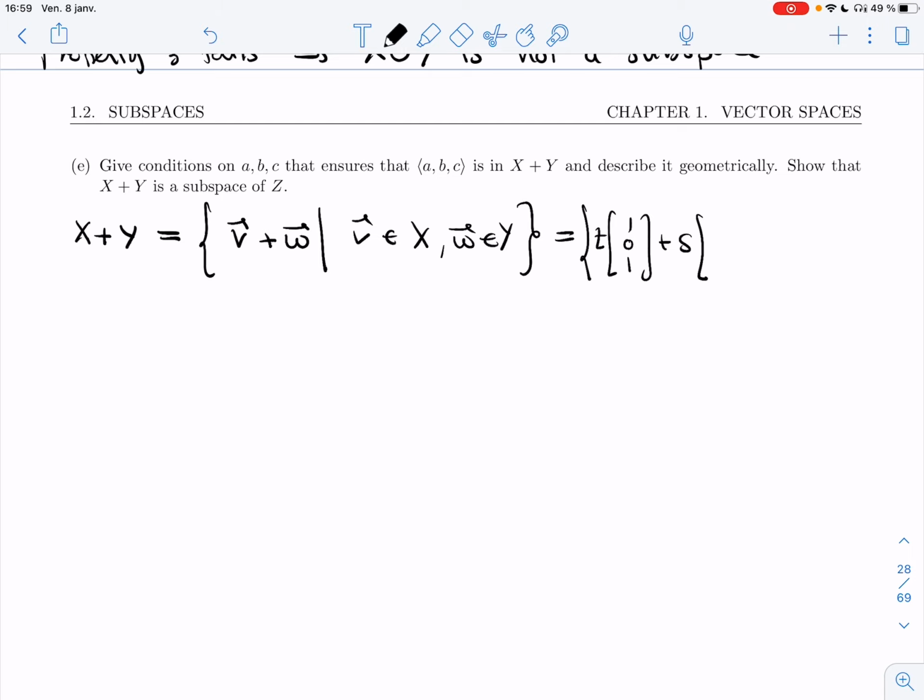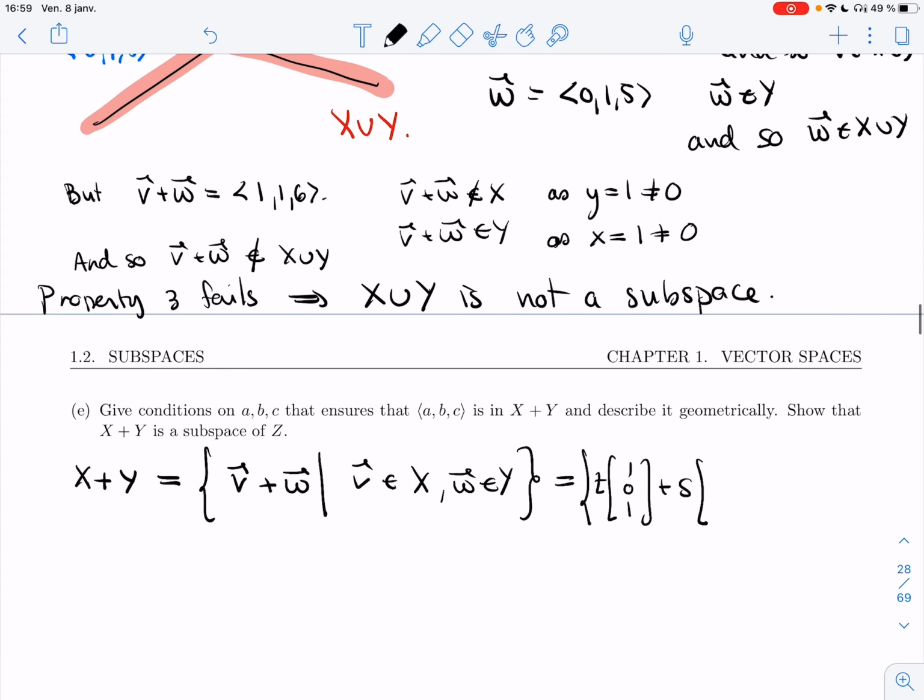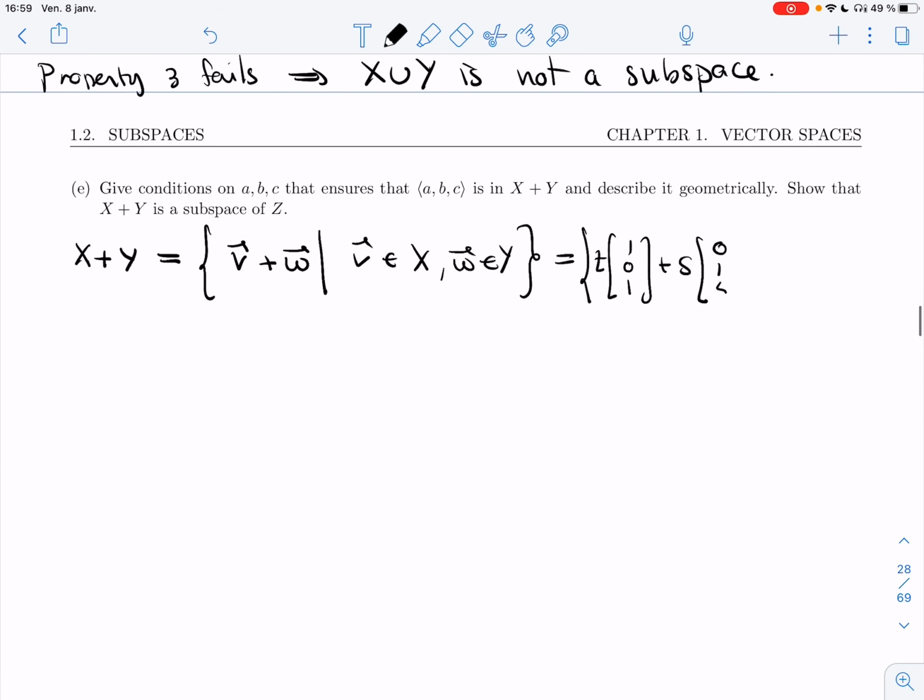Let's put s for Y, because they don't need to be the same parameter, so s times 0, 1, 5, for s and t in R.